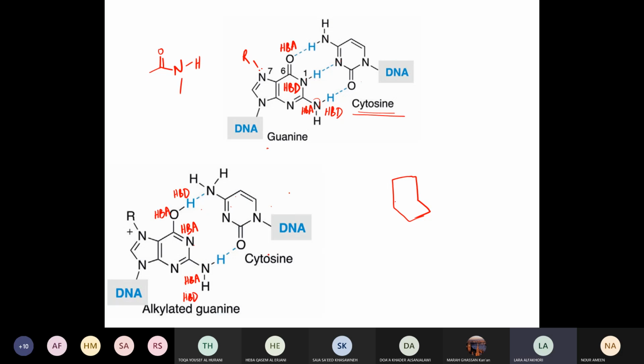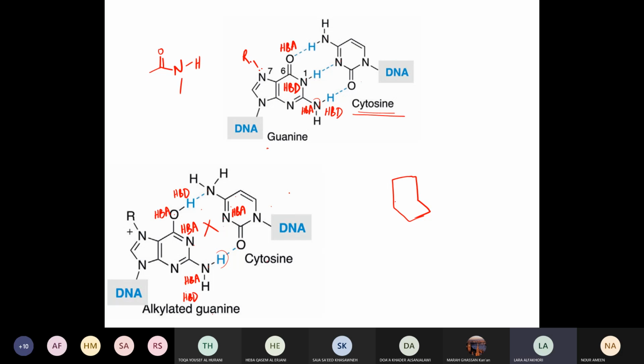Now if I pair cytosine with the alkylated guanine, there is no problem that this nitrogen will still form a hydrogen bond with this oxygen, and this oxygen will still form a hydrogen bond with the proton on this nitrogen. But here I now have a hydrogen bond acceptor opposite a hydrogen bond acceptor, so there won't be any kind of hydrogen bond interaction between them.